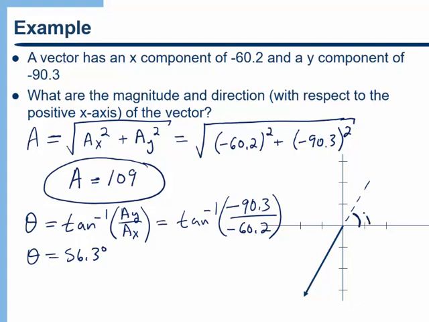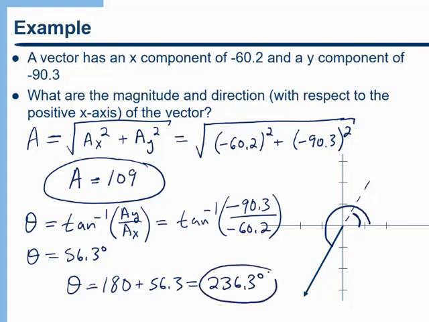And what I want is this entire angle, and so I've got to just add 180 degrees. So my final answer would be 180 plus 56.3, or 236.3 degrees. By the way, notice in significant figures here that 180 is exact. And so I want to keep all the way to the last decimal that both numbers have in common, which would be that 0.3.